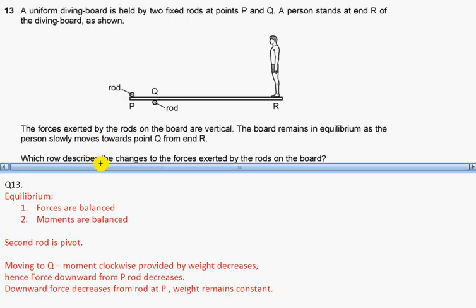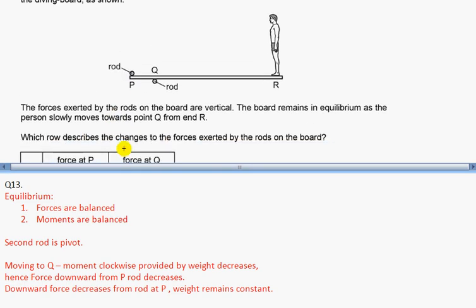Which row? Okay, so the question is about the forces at P and Q. What happens to them? As I said, the force at P decreases because it should produce less anti-clockwise moment.